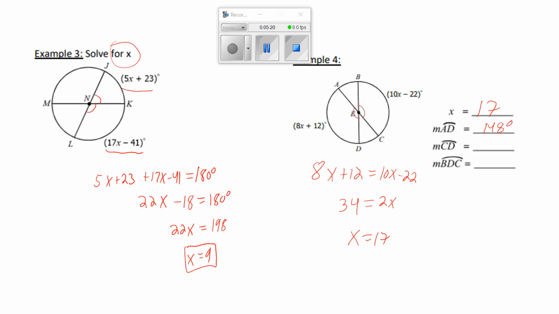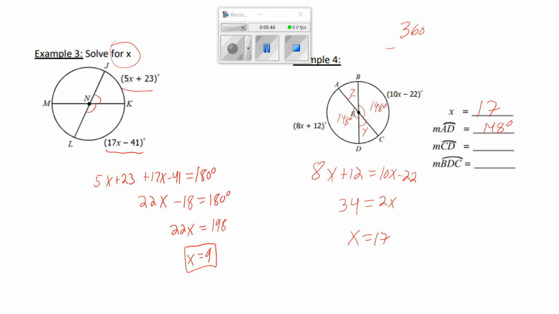For arc BC, does it not ask for just BC? I guess it does not. So for arc CD, here's the thing. We know this is 148, so this is 148. Now these are also equal. They are unknowns, call them y. And in total of a circle, we have 360.